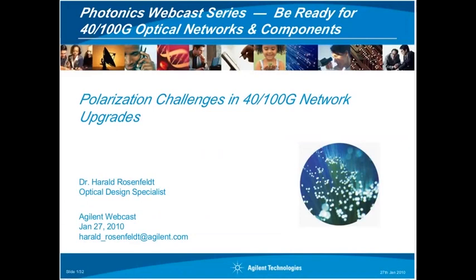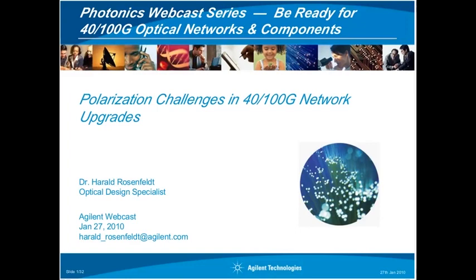And welcome, everybody. Thanks for dialing into this webcast. As you pointed out, I'm going to talk about polarization challenges in 40 and 100G network upgrades. And where I'm coming from is actually we founded Adaptive Photonics in 2002, and since then I'm working on polarization solutions.